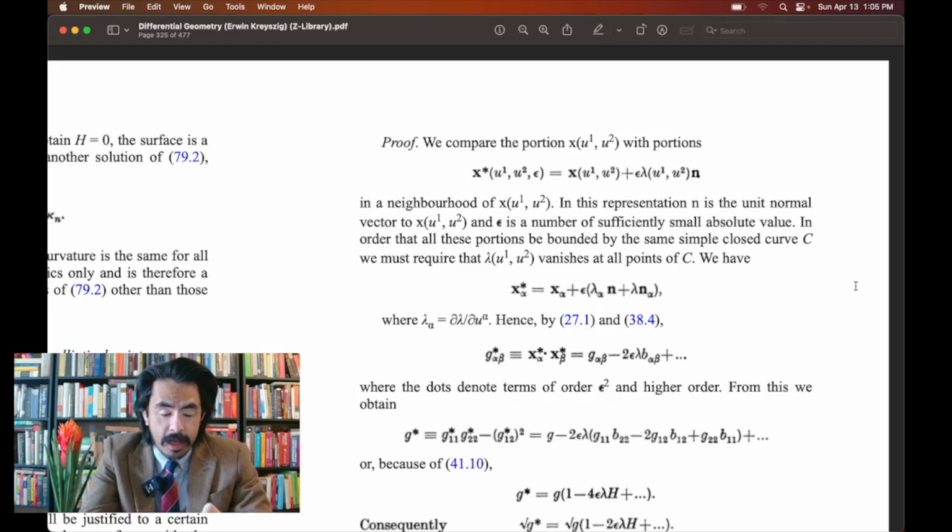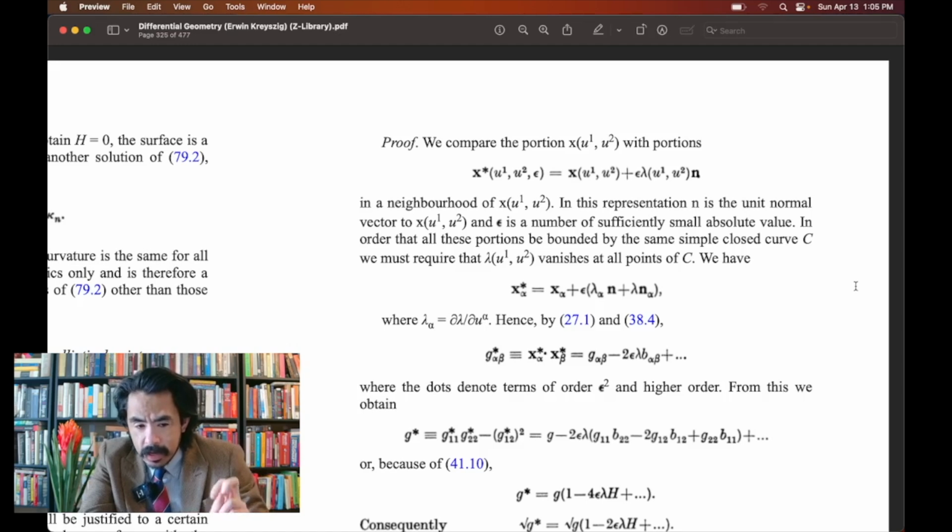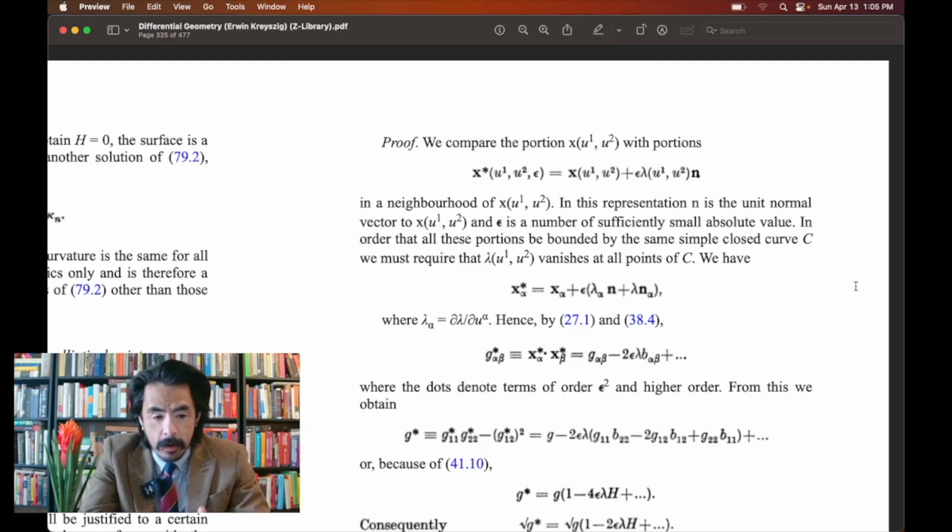We have that x star sub alpha equals vector x sub alpha plus epsilon times a quantity, lambda sub alpha times vector n plus lambda times the vector n sub alpha, closed quantity, where lambda sub alpha is equal to partial lambda partial u alpha.